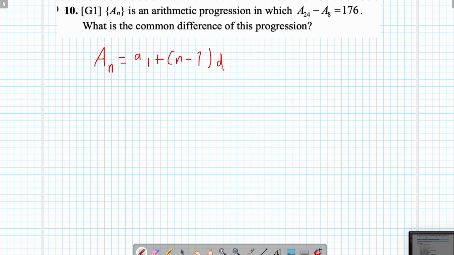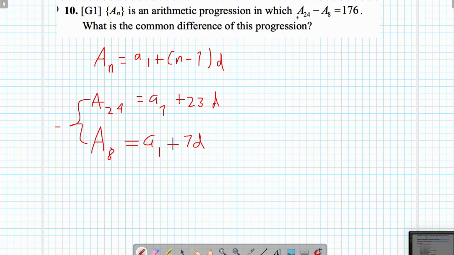Now let's write this. A24 is equal to A1, N is 24 in this case, so A1 plus 23D, and then A8 is equal to A1 plus 7D, and we subtract both sides.